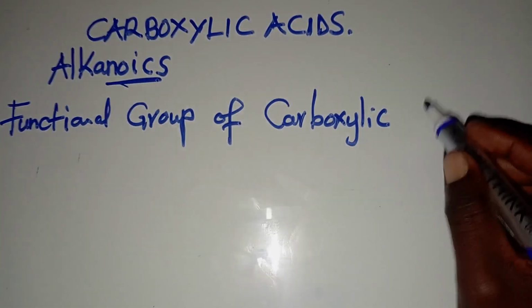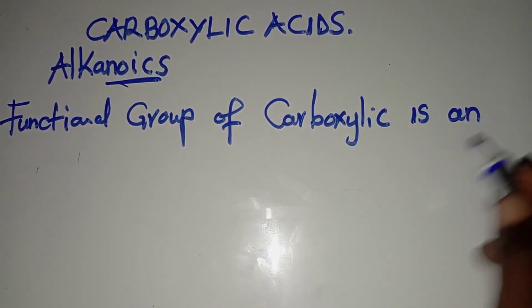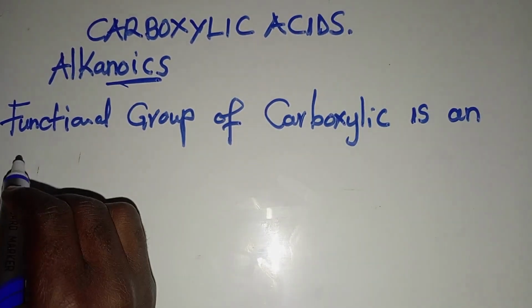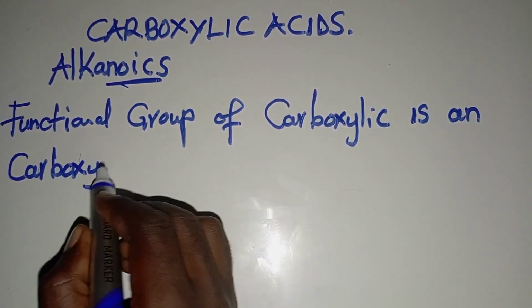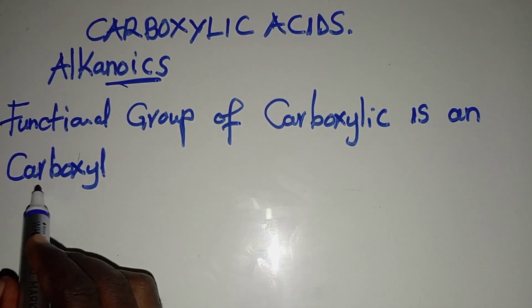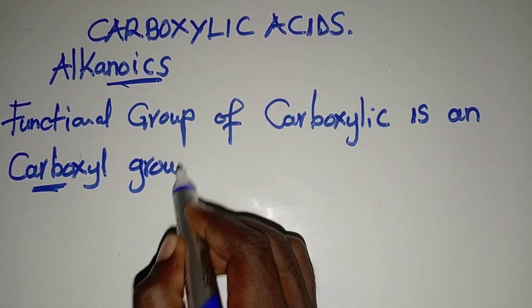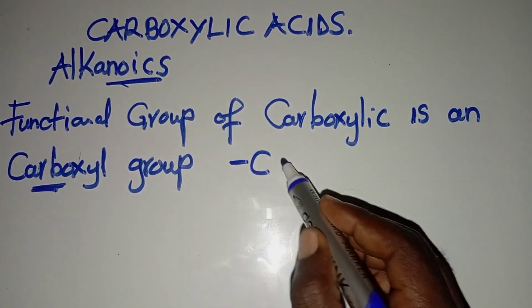The functional group of carboxylic acid is a carboxyl. We call it a carboxyl. What is this carboxyl group all about? The carboxyl group that we are talking about is COOH.